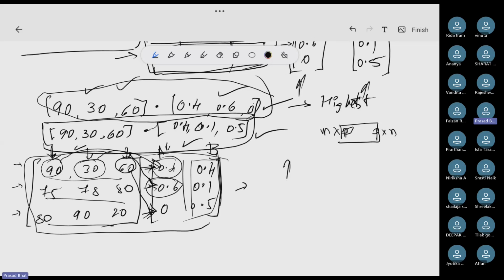Sometimes we also use matrix multiplication for transforming the actual data. For example, if you have an image and you want to rotate it, then a rotation matrix is used.